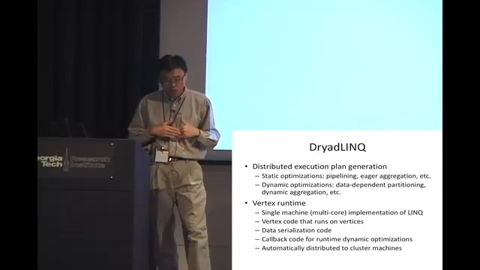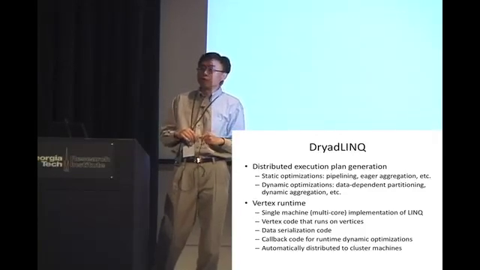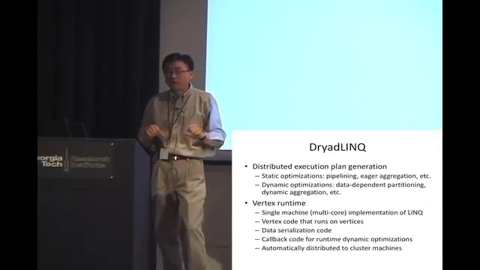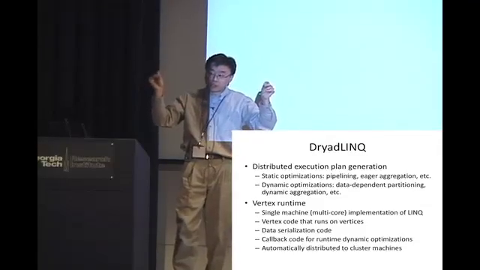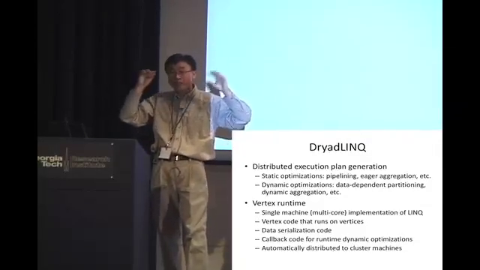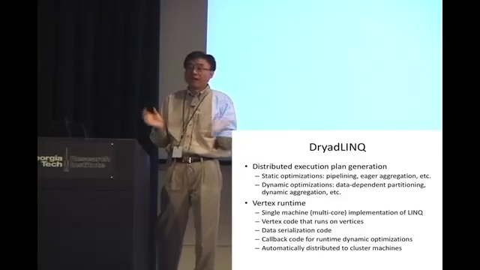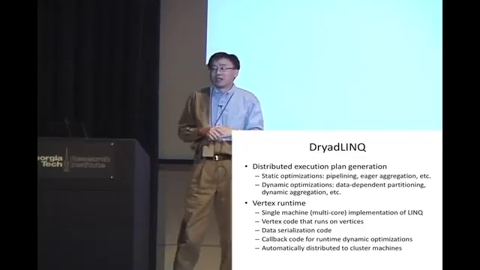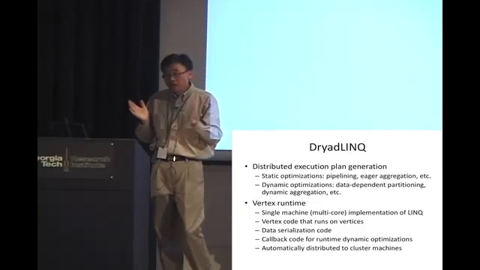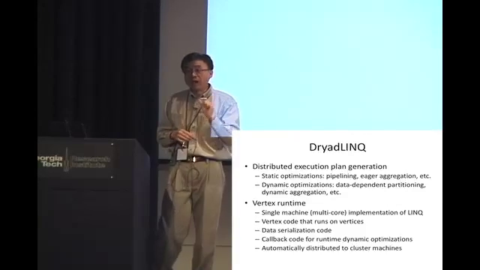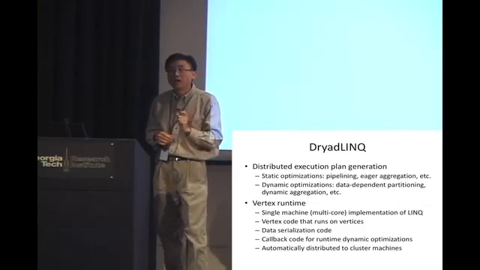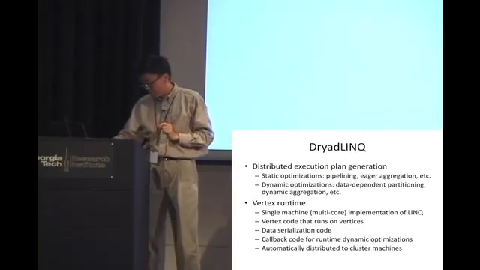For instance, if you want to do an aggregation, you might want to introduce multiple layers of aggregation: a machine-level aggregation and then a rack-level aggregation. In the MapReduce paper, for instance, the aggregation they talk about is machine-level aggregation.